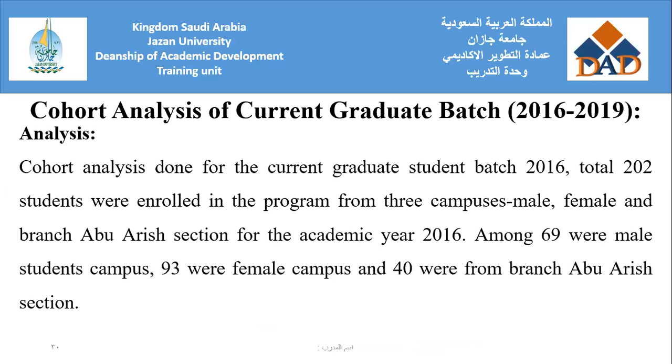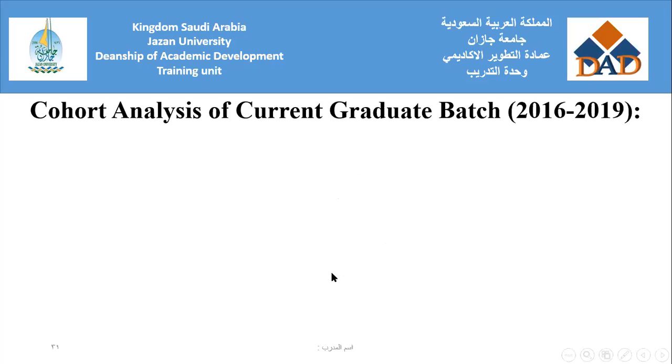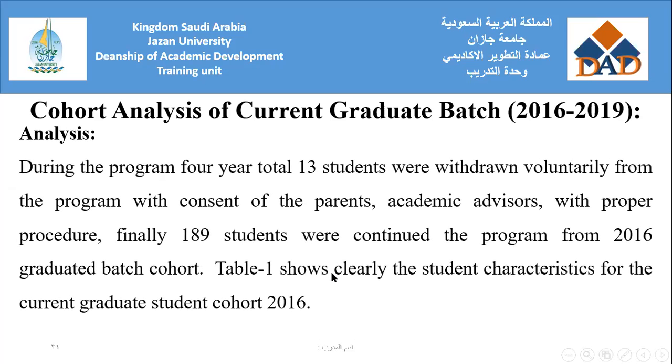Among these 3 sections, a total of 202 students were enrolled in the year 2016. Among the 202, 69 were male, 93 were female, and 40 were in the branch section. During the 4-year program, a total of 13 students withdrew voluntarily.